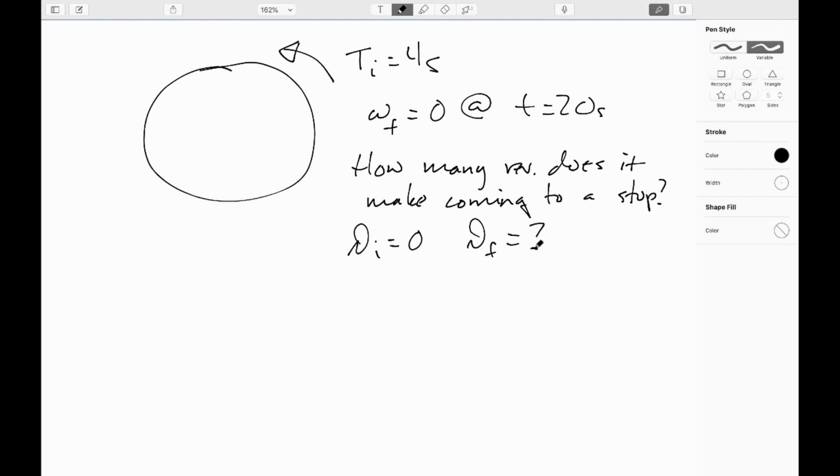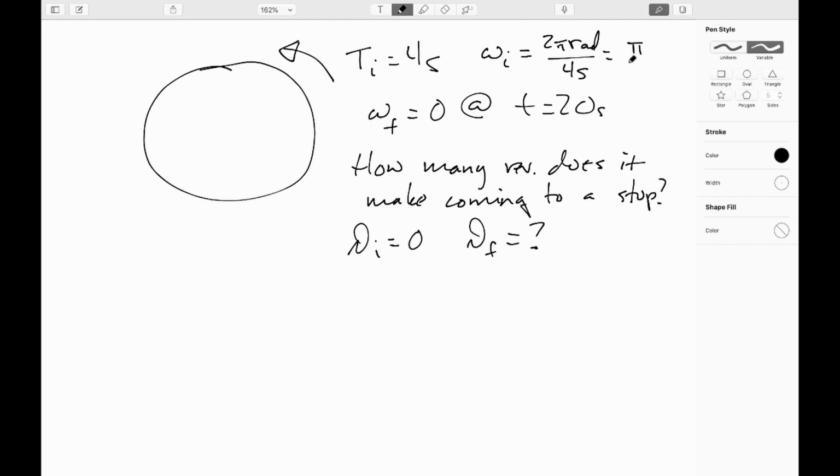So, all right. We at first might not think that we have omega initial, but actually we do. Since we know that it takes 4 seconds to turn a revolution, omega initial means it would be turning through 2 pi radians in those 4 seconds.